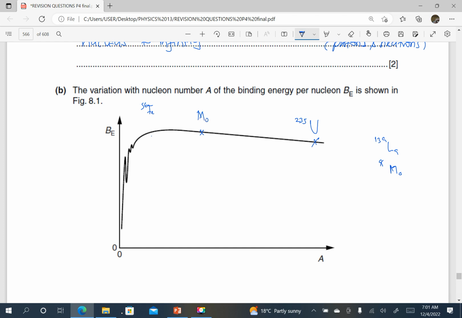And then La is 139. So 139 is further; you just add about 44 to 95. So it means it is going to be somewhere around here. So that is La.